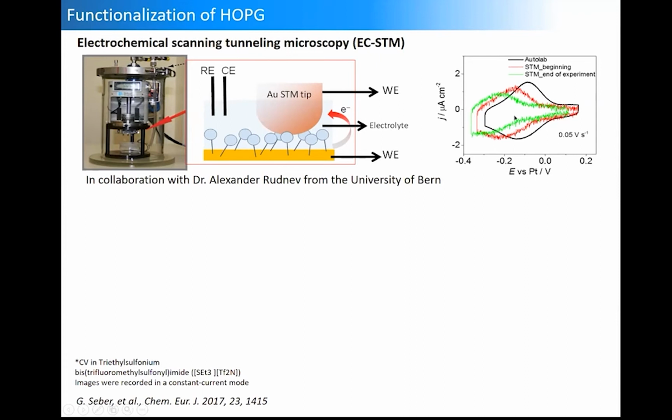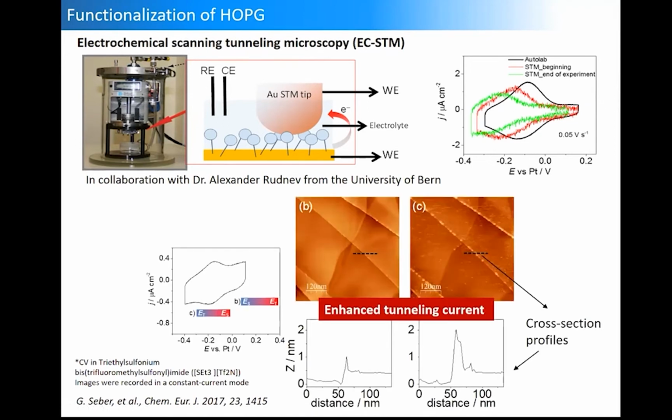This is the cyclic voltammetry acquired with this setup. We clearly see that, even in this setup, we observe the redox process corresponding to the radical. The first thing to say is that, using the low concentration of radical that we use, we observe that mainly the step edges were functionalized and very few radicals were observed on the basal plane of the carbon substrate.